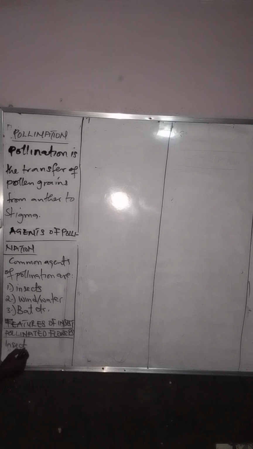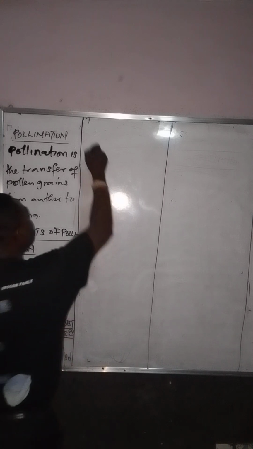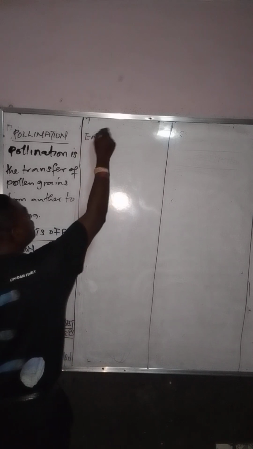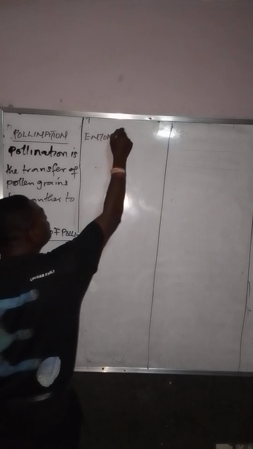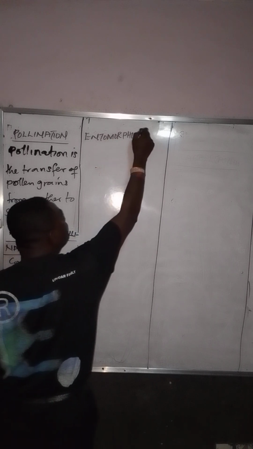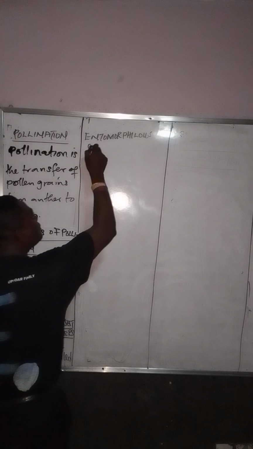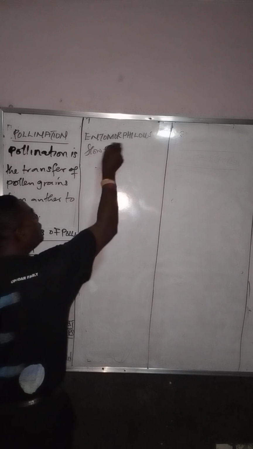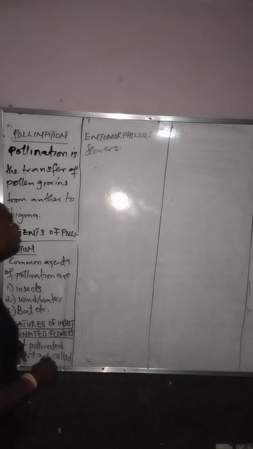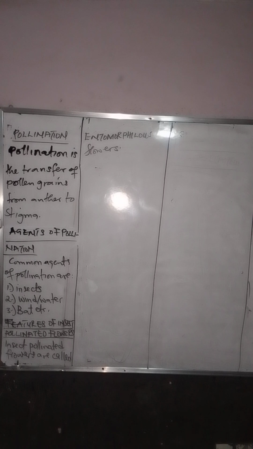Insect pollinated flowers are called entomophilous flowers. What are they called? They are called entomophilous flowers. The word ento comes from the word entomology. Entomology is a branch of biology that deals with the study of insects.